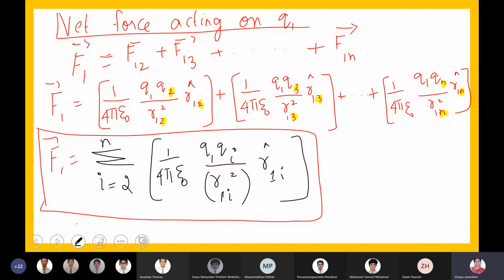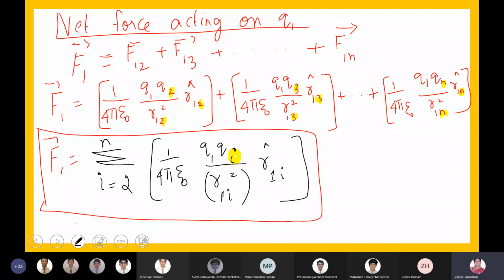So Q1 remains the same, while Q2, Q3, Qn change. That's the reason I have put this as i: in the first case i takes the value 2, next case i takes the value 3, the last case i takes the value n.